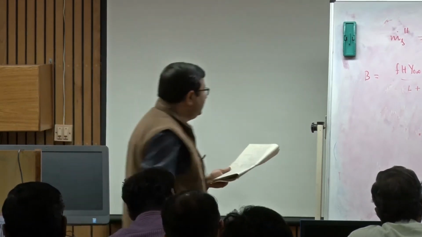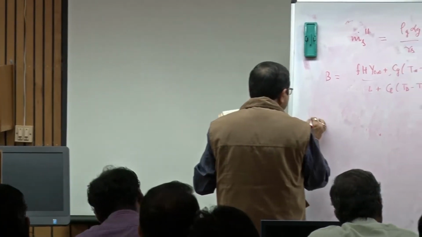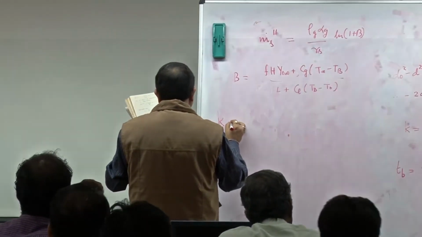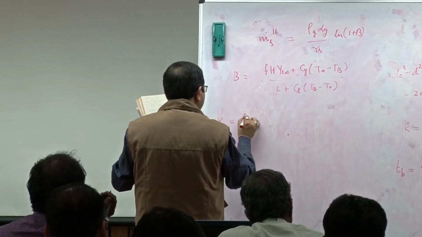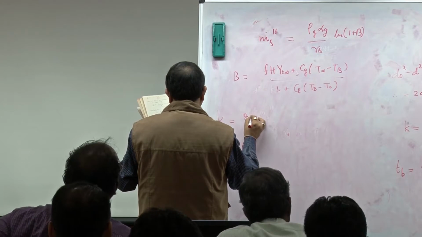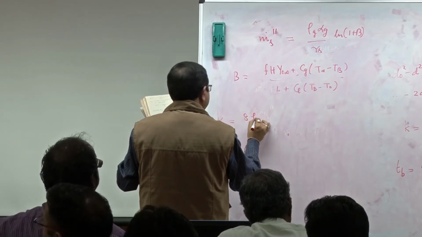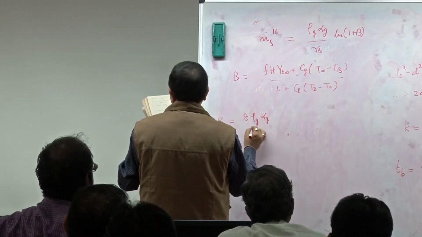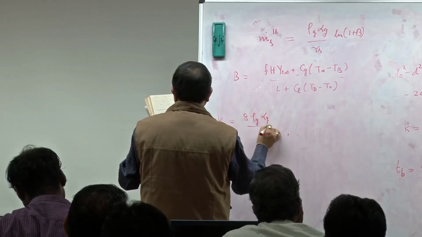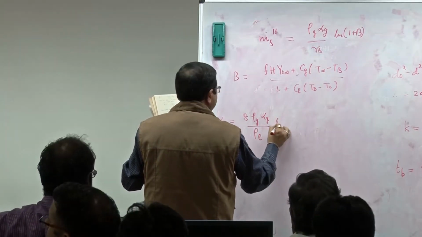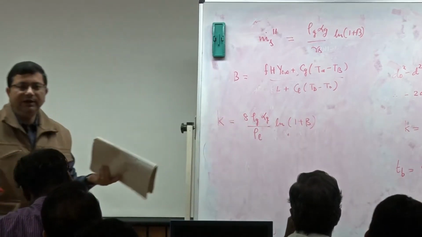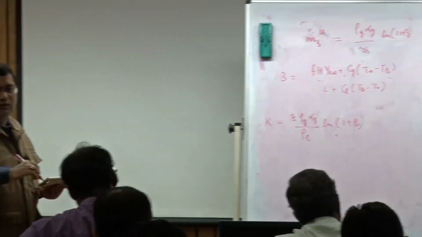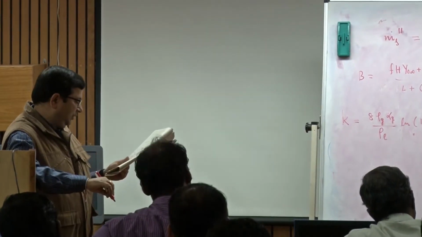Then we have proved that the evaporation constant for d square law is equal to this. Once again this can be estimated without any difficulty by just knowing the type of fuel that we are using.